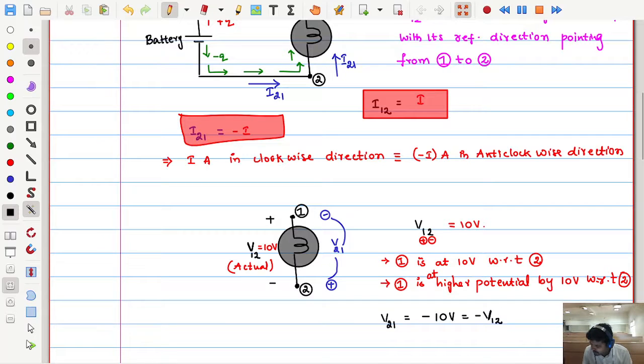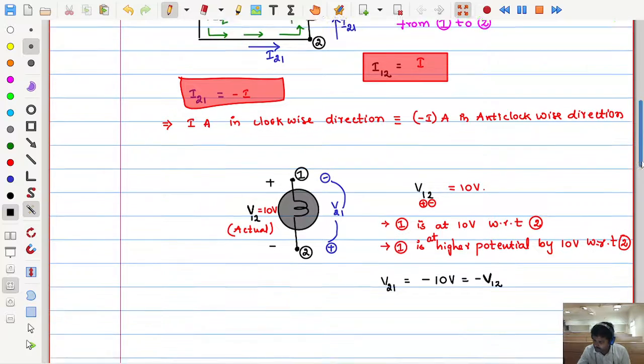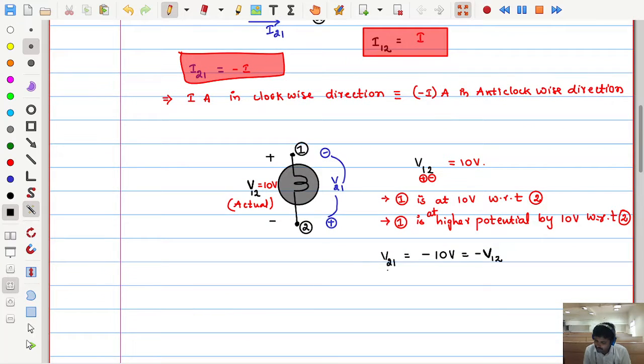This is the only difference, and you should interpret it very clearly in this way: V21 means the potential of point 2 with respect to point 1 is minus 10 volts. We can say the same thing another way, that 1 is at 10 volts with respect to 2.